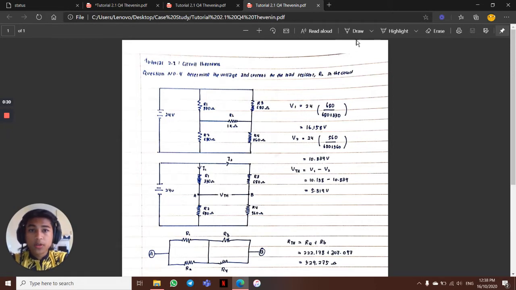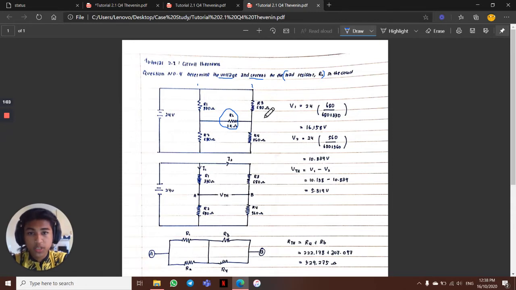So the question asks for voltage and current for the load resistor, which is RL. The load resistor is 1000 ohm, which is in the middle at terminal 1 and terminal 2. Terminal 1 consists of R1 and R2, where R1 is 330 ohm and R2 is 680 ohm.